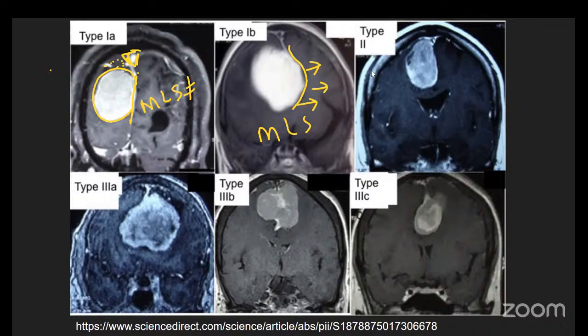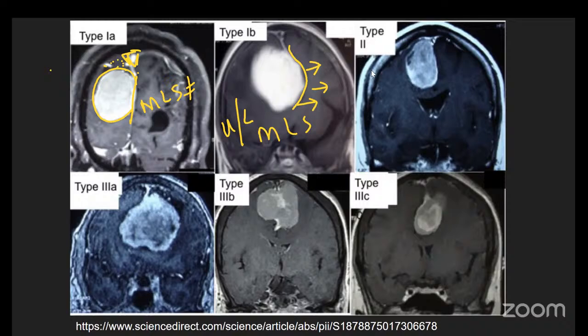This will still be a unilateral meningioma. It will not go on the other side, only the falx will be shifted to the other side. So both of these are type 1. When we do not have midline shift, it's a type 1A. When we have a midline shift, it's a type 1B. Are we all clear?